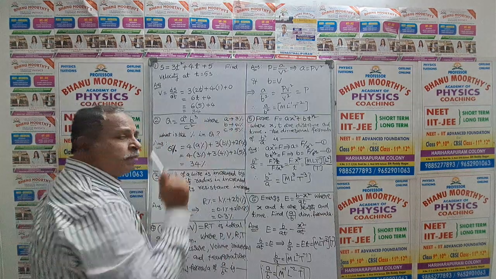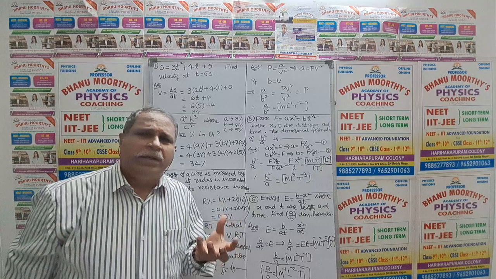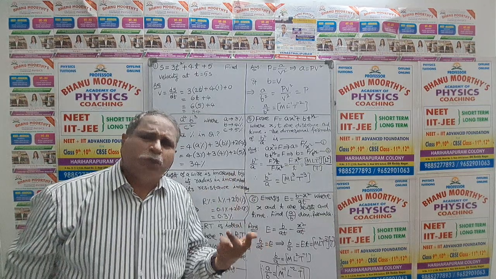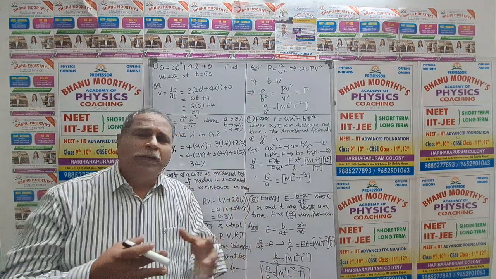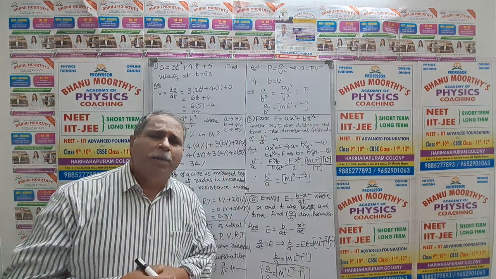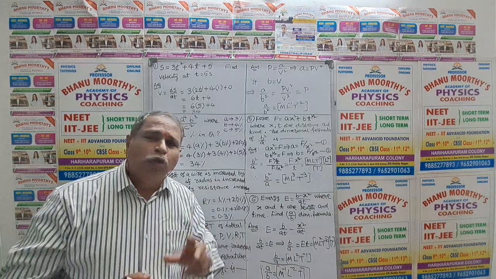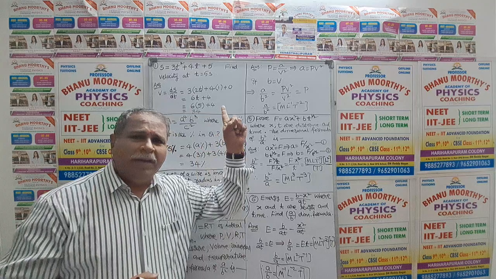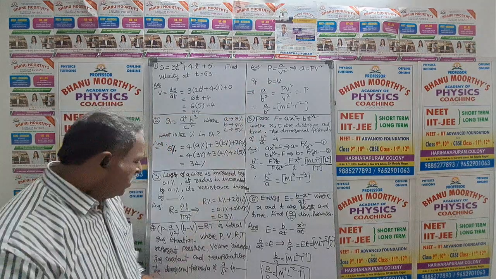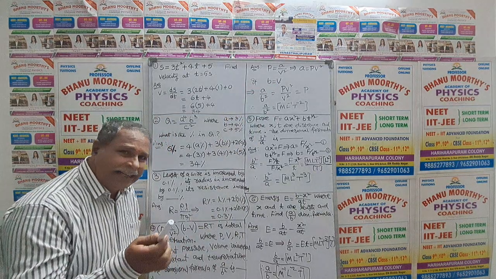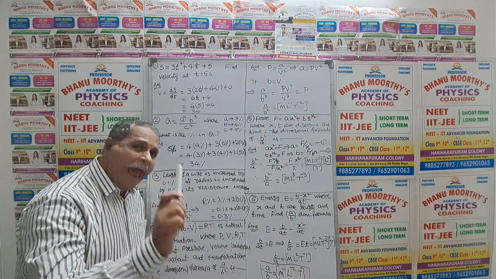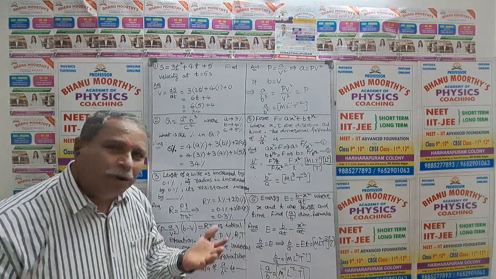Observe here, my dear NEET students as well as IIT-JEE students. In units and dimensions, there is the principle of homogeneity. Two principles are there. The first principle I am giving here: in a given equation, if any two terms are subtracted or added, then dimensionally both are equal.